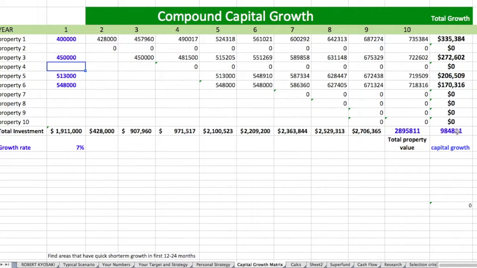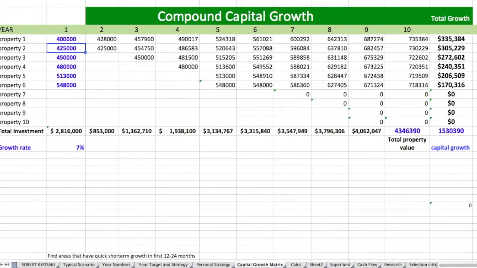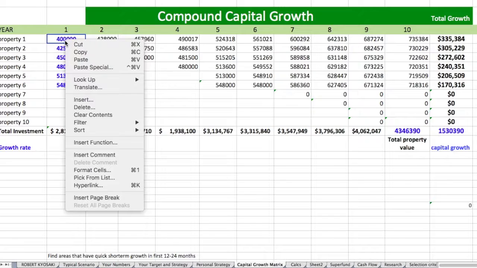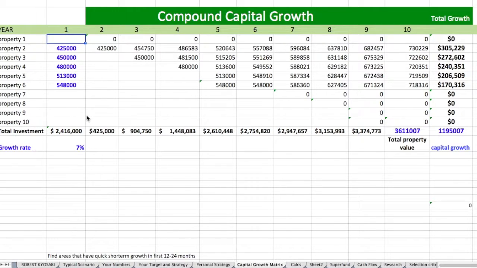We still got $984,000. We'll reverse that back out from 1.5 to $1 million. So you lose $500,000 by not buying those two properties. But if you take this one out, you take out $300,000, but only $500,000 by missing those two.